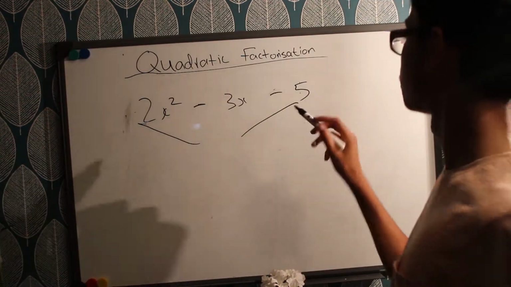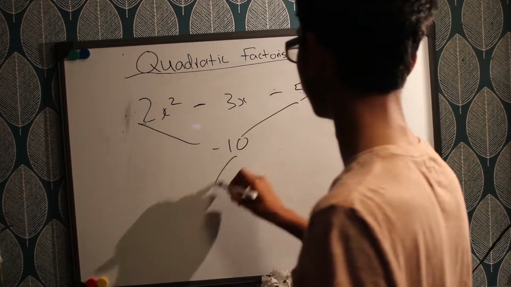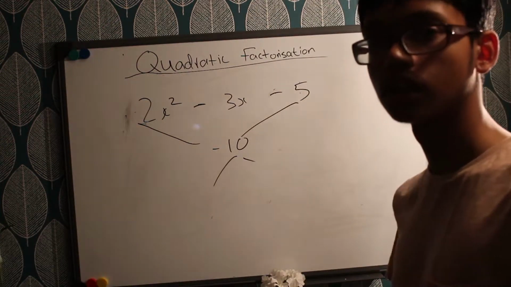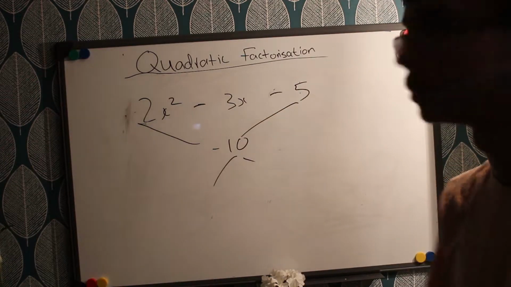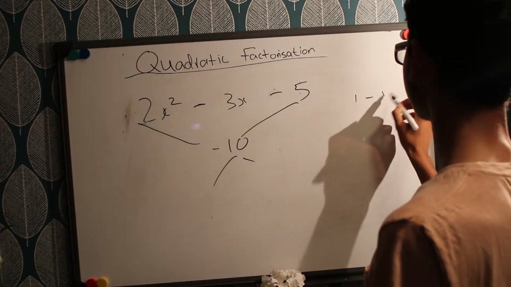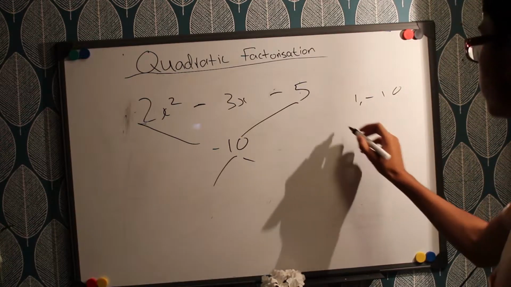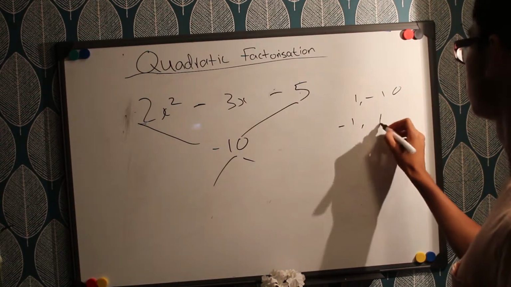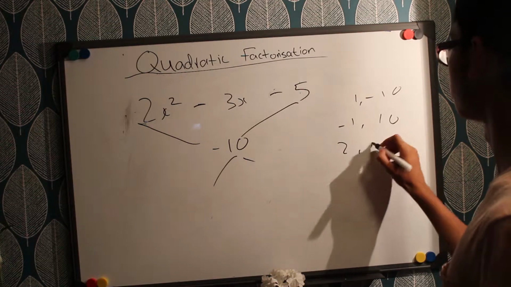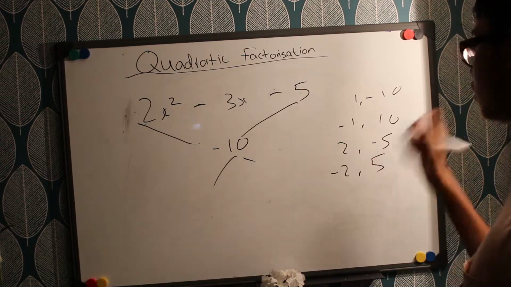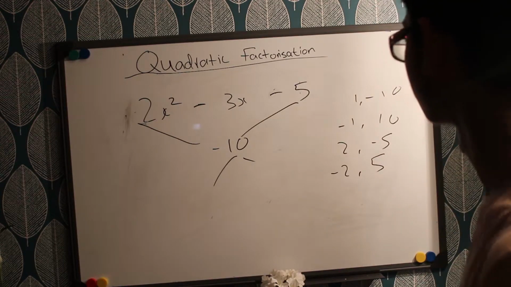So you do 2 times minus 5, which is minus 10 right here. Then you find two factors that multiply to get minus 10, but add to get minus 3. We could do 1 and minus 10, minus 1 and 10, 2 and minus 5, minus 2 and 5, and I think those are most of the factors.